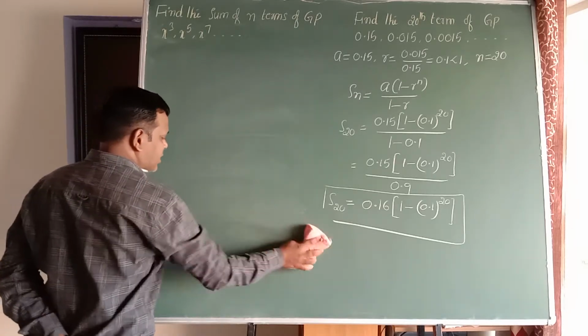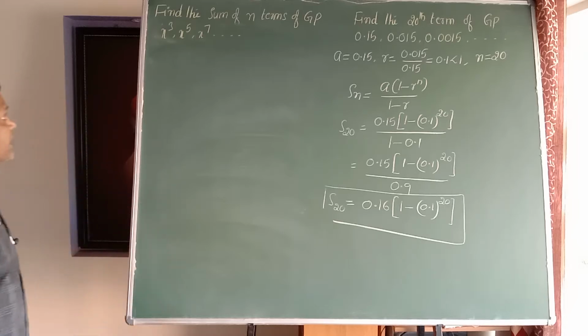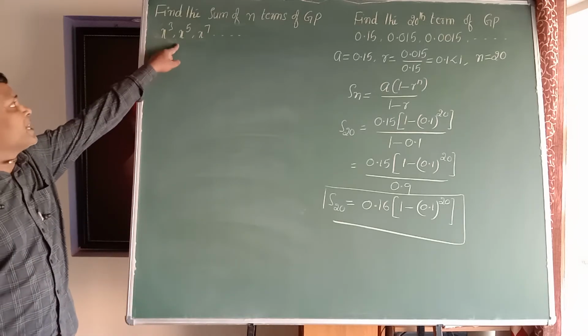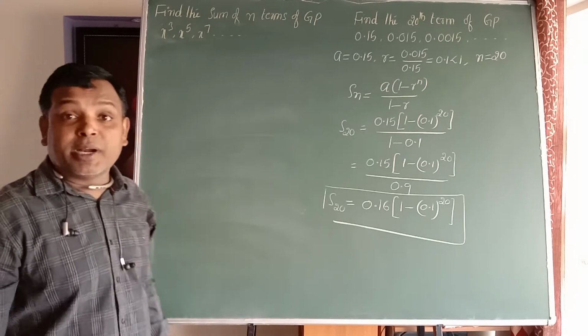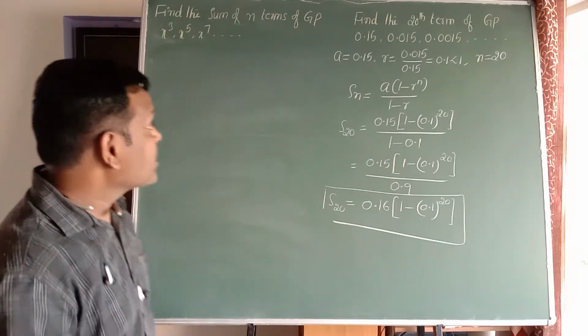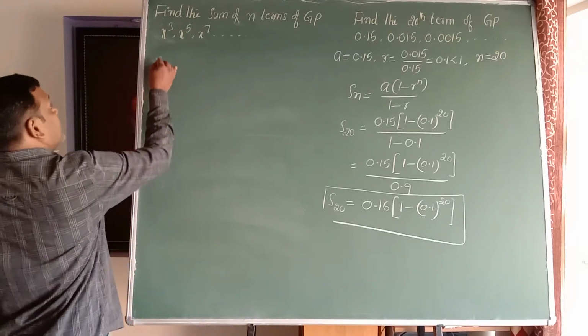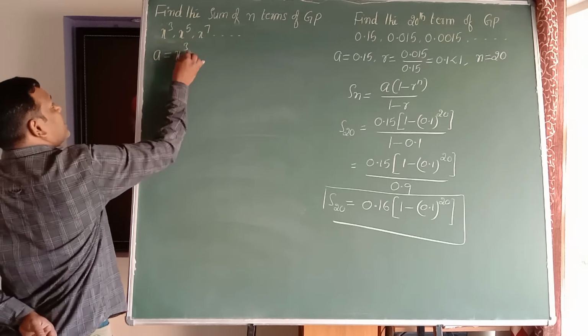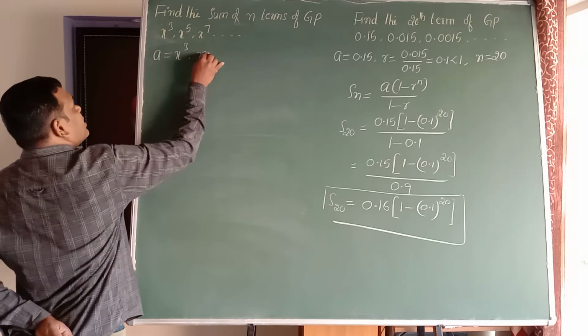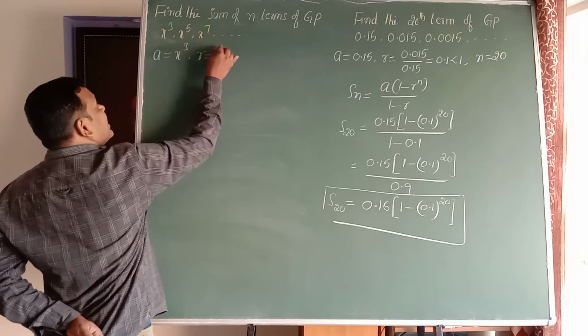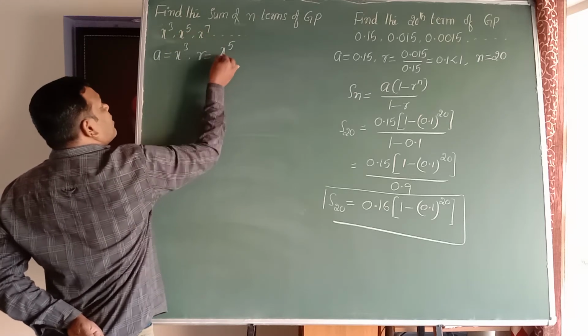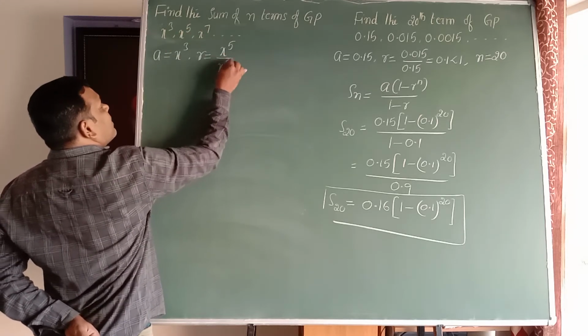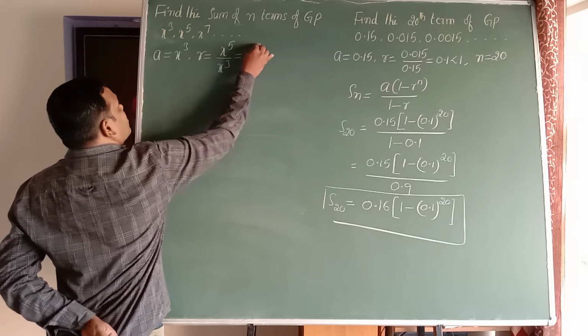Look at that. x cube, x power 5, x power 7 are all multiples of the same quantity. Then a is equal to x power 3. R we wish to find out. R is equal to T2 by T1, nothing but x power 5 divided by x power 3, that is equal to x square.